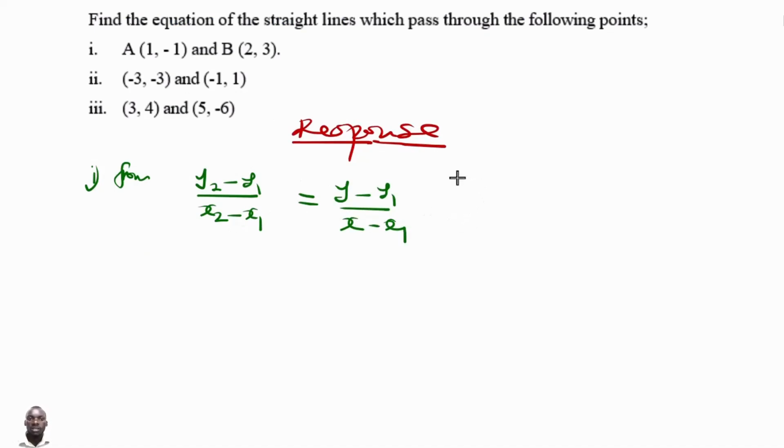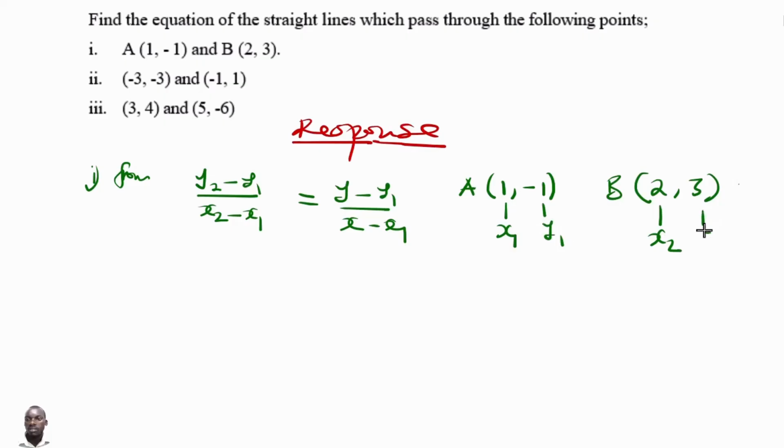So in here, we've been given the points. We have A at 1, negative 1, then B at 2, 3. We can make this to be x1, this to be x2, then this one automatically becomes y1, then this is y2. So simply we are going to substitute in.